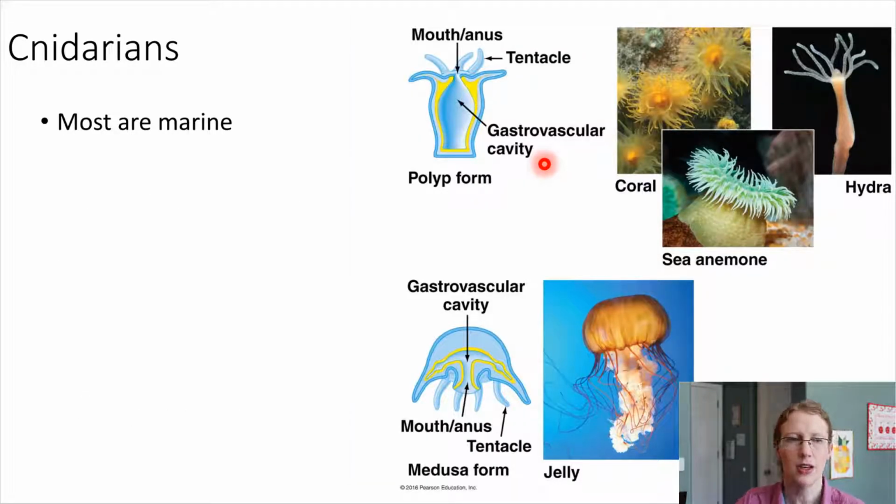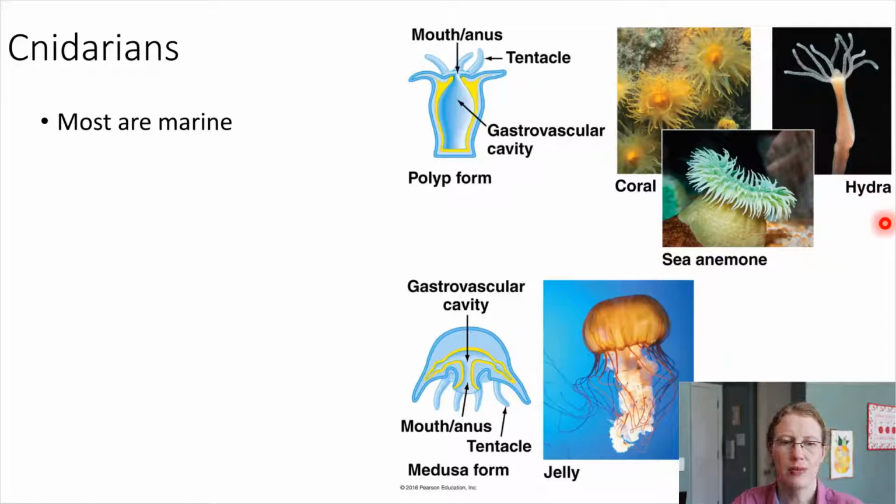Moving up a little bit in complexity, the cnidarians. These are also marine organisms. For the most part, they are marine, and you can check out the pictures here. This includes familiar things like jellyfish. Also included in this grouping of organisms are the sea anemones and the corals. So all of these, they have some things in common, Hydra too.